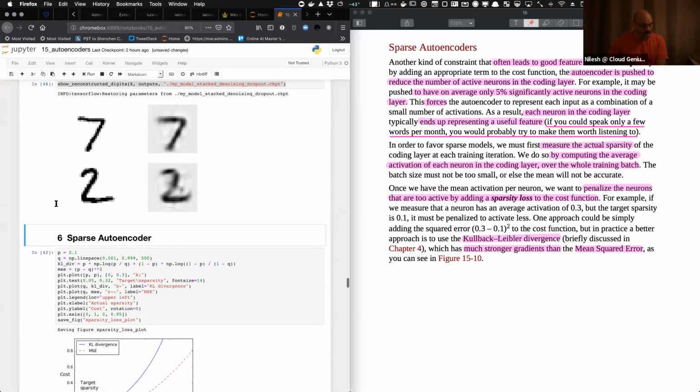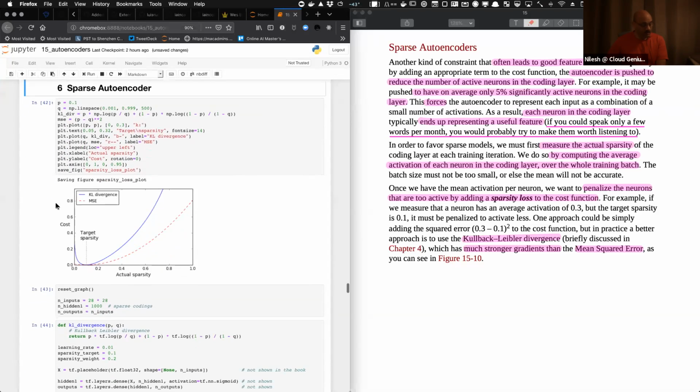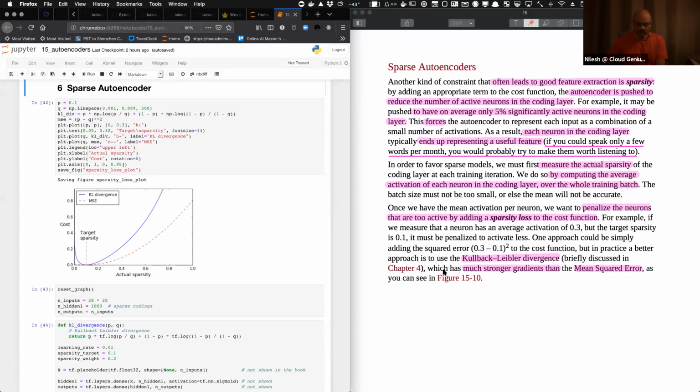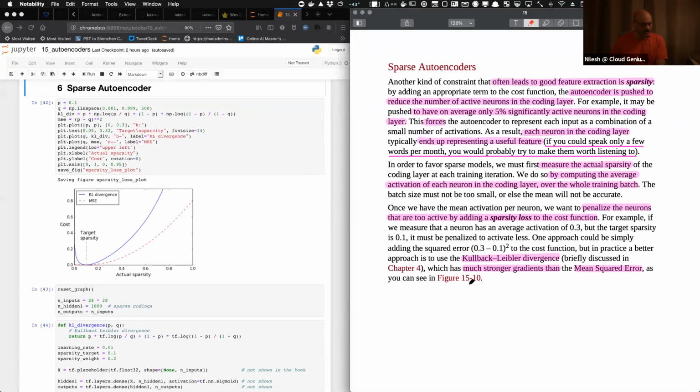Now we'll go to the next idea, which is sparse encoders, sparse autoencoders. And that requires a little bit of discussion. I think it is not super complex, but it is a different kind of math. The difference in math is the mean square error function.